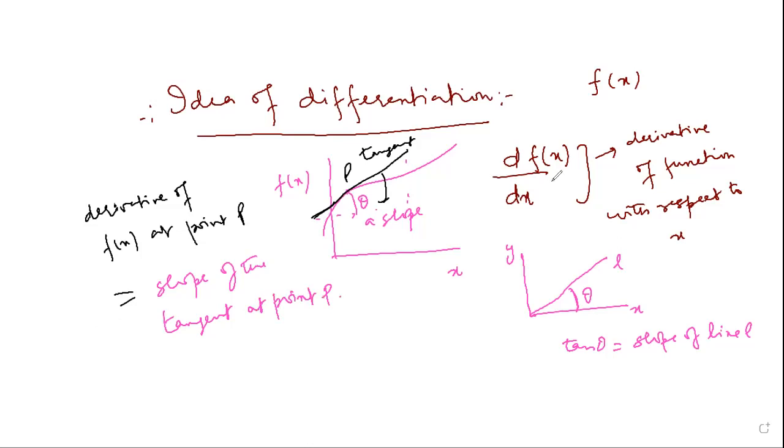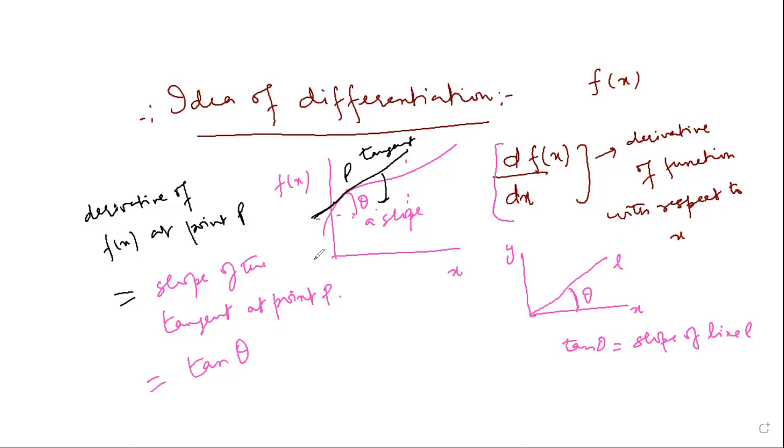So I am saying if I have some function, now that function is some curve represented by this curve, and I select some point P on the curve and draw tangent at that point. If I find slope of that tangent at that point, that's tan theta, that tan theta, which is slope of the tangent at point P, is the derivative of the function at point P.